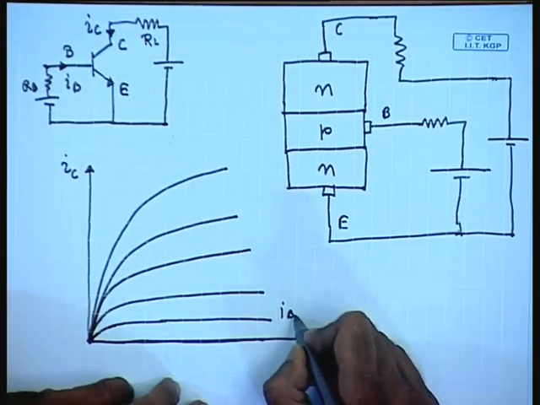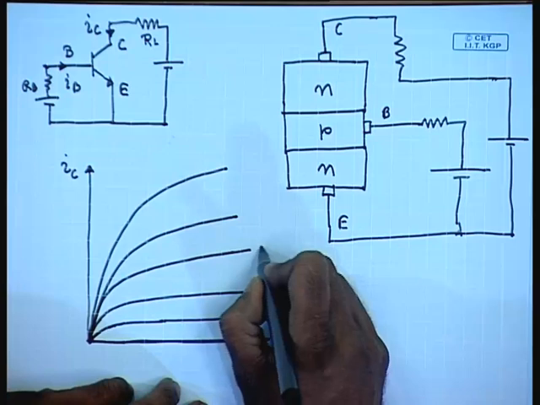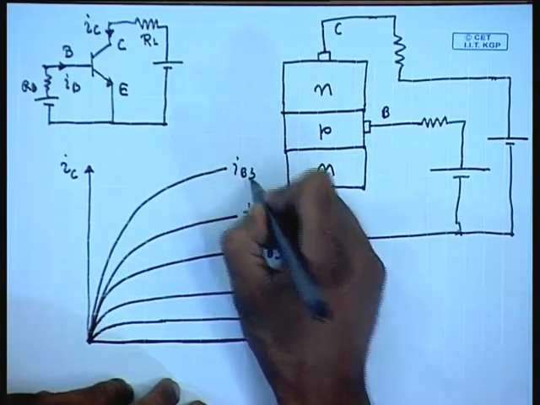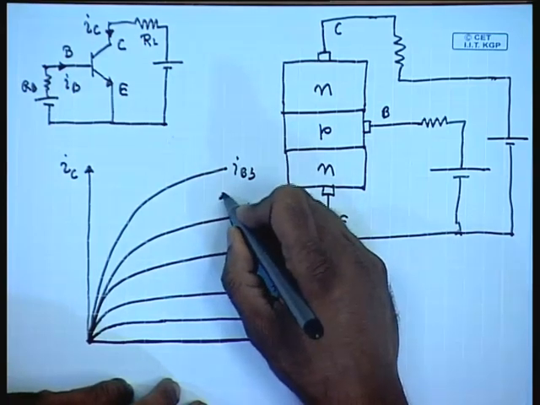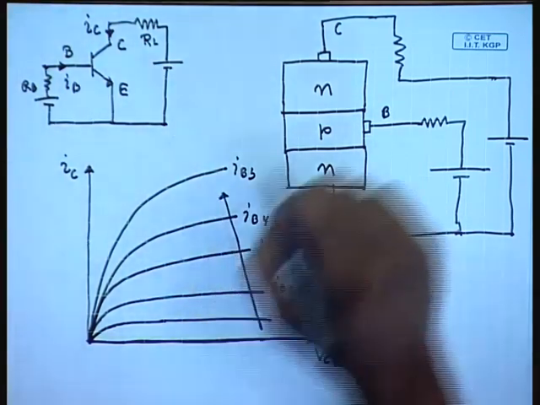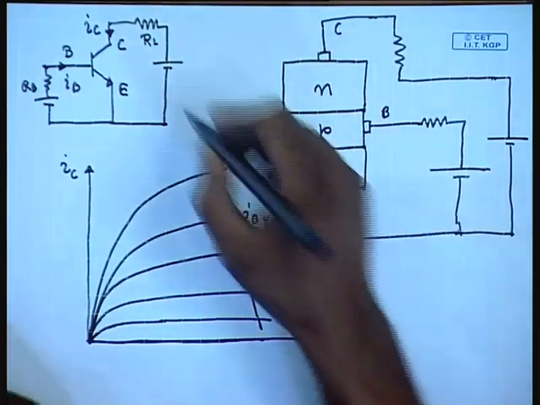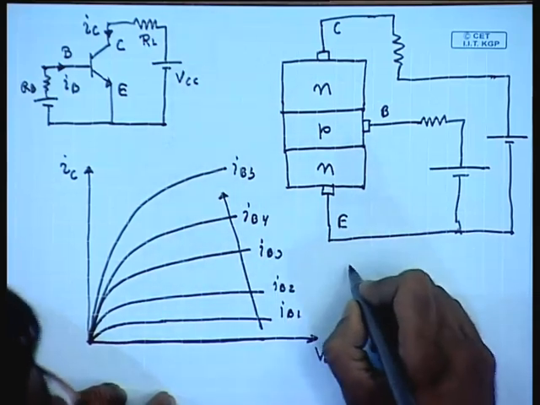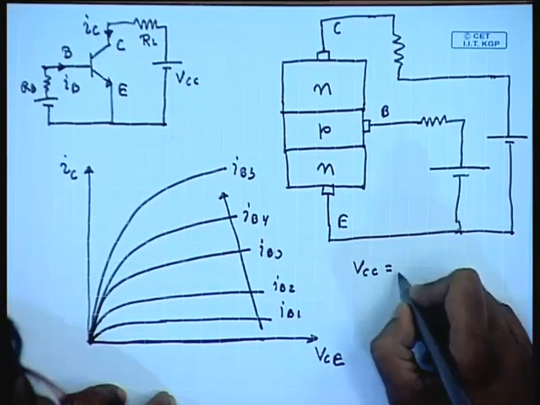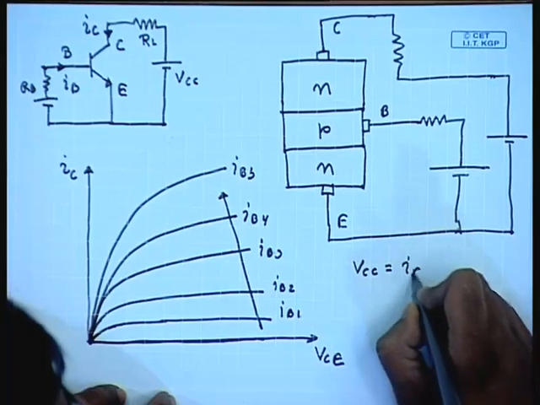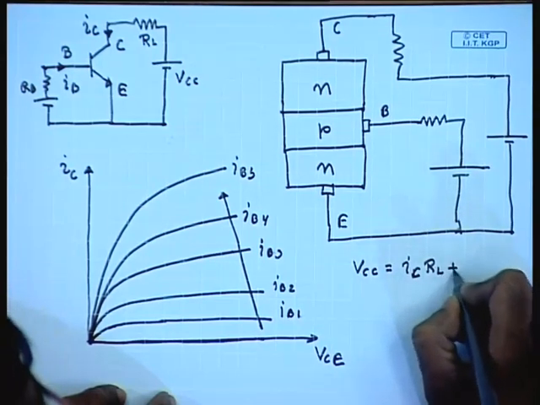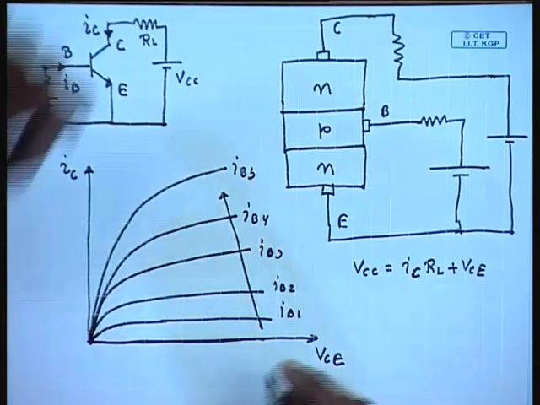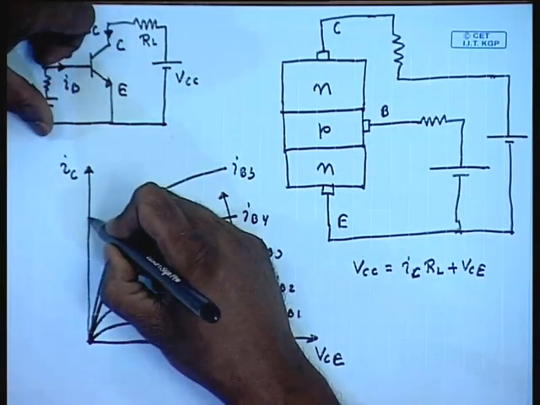So, this is IB1, IB2, IB3, IB4, IB5, and it is increasing in this direction. The load line, if this is VCC, is given by VCC equal to IC into RL plus VCE, which looks somewhat like a straight line.